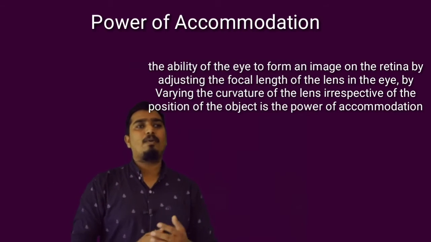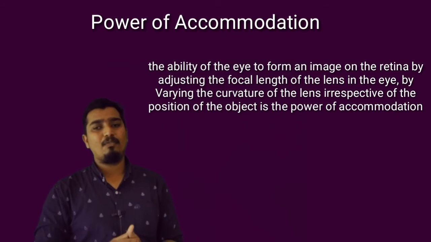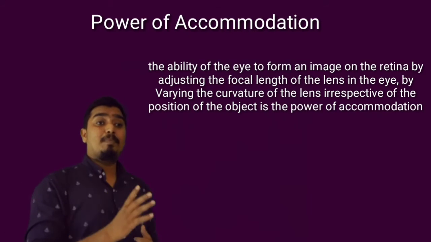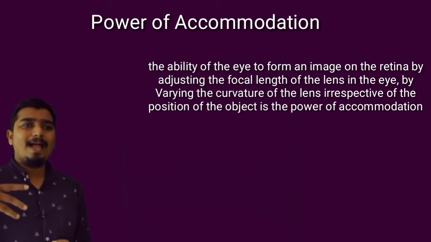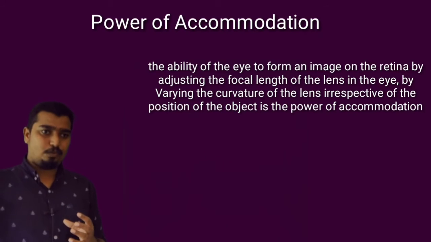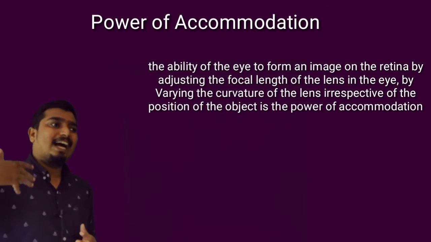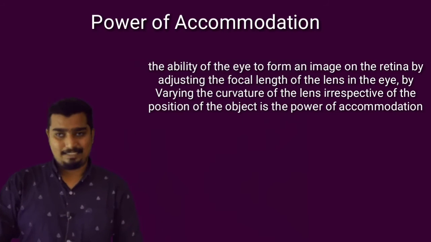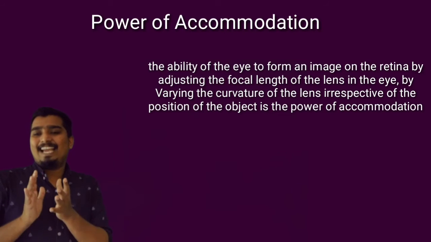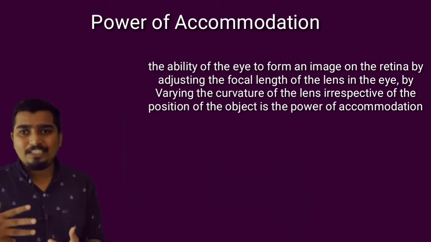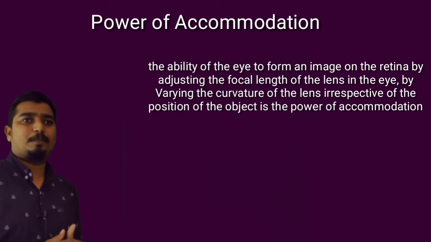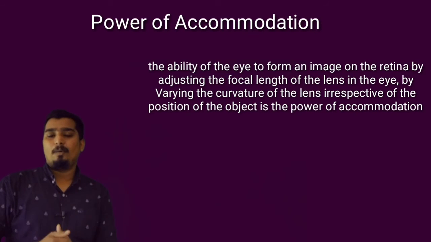And the next one is power of accommodation. The power of accommodation is the ability of the eye to form an image on the retina by adjusting the focal length of the lens in the eye, by changing the curvature of the lens, irrespective of the position of the object.